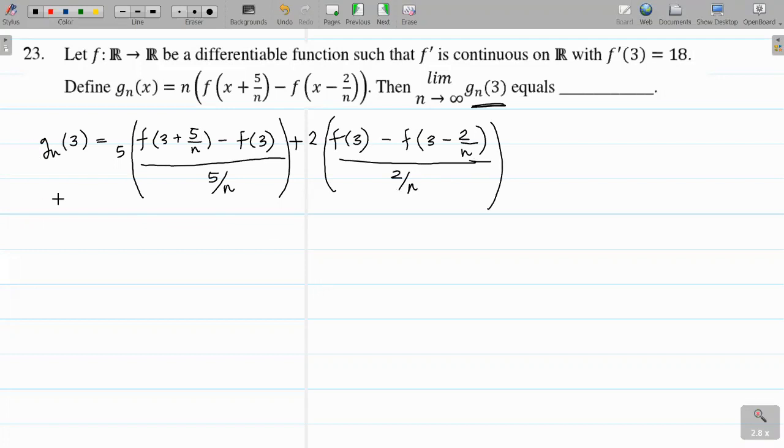And now if I take a limit n tend to infinity of gn of 3, what will happen? I already know that f is a differentiable function. Understand? So this will be 5 and this is precisely f dash 3 because your h is going to 0, right?